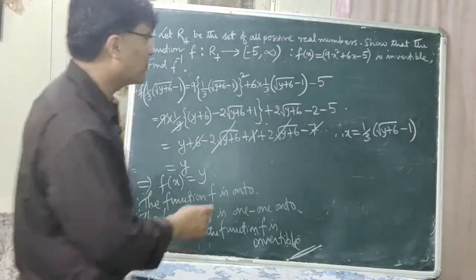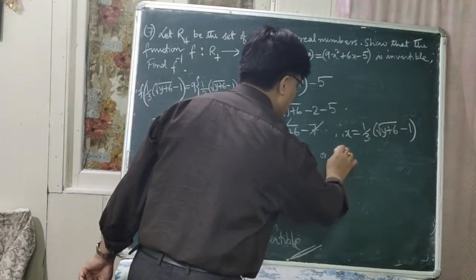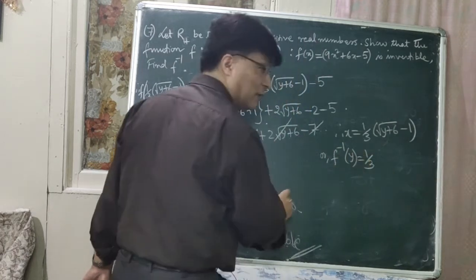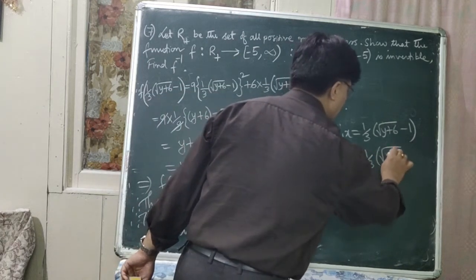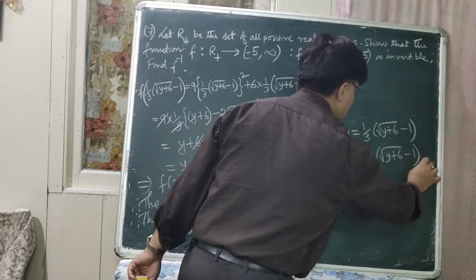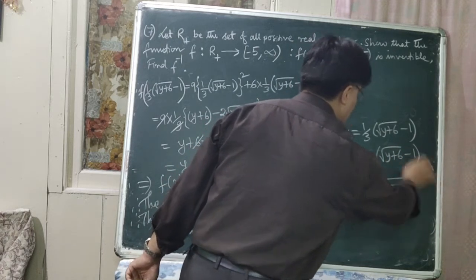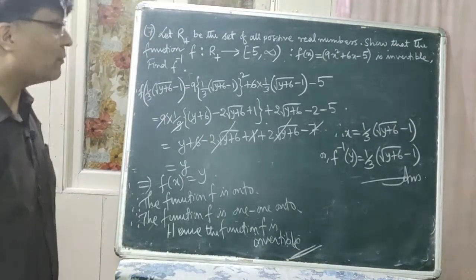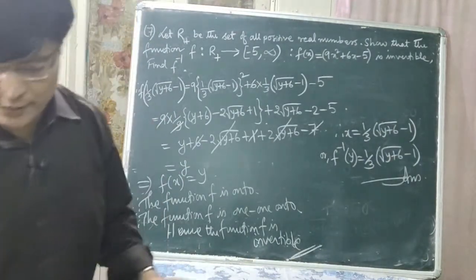You can check it. So instead of x, we can write f inverse of y is equal to 1/3 within bracket root over y plus 6 minus 1. So this is the final answer for f inverse. So I think you have understood it. So you can copy it.